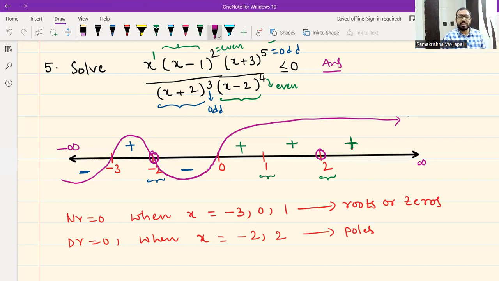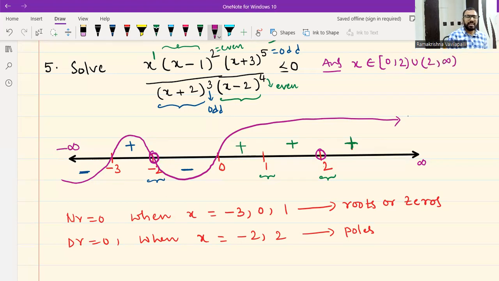So now the answer is x belongs to, here this 2 must be excluded. So what I will do, I will write from 0 to 2 open, union 2 to infinity.